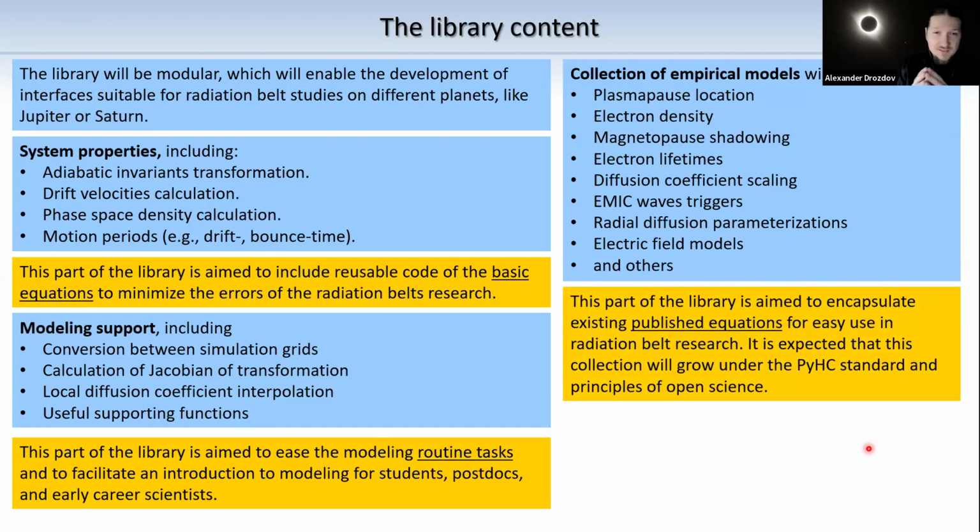With this library, it's going to be a home for this kind of equation. So there is less chance for making errors. You can just take it and use it right away, like empirical lifetimes, plasmapause location, etc.